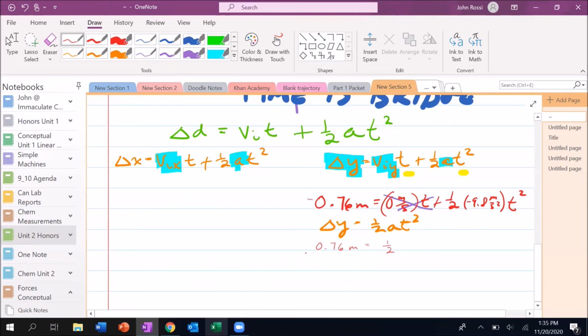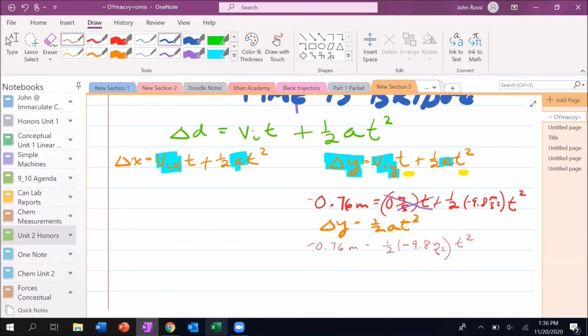Sorry, I should say negative because of that displacement being downward. 1/2 of negative 9.8 meters per second squared times time squared. All right, so I can get rid of all these things by dividing on both sides and taking the square root. So what does that actually mean?